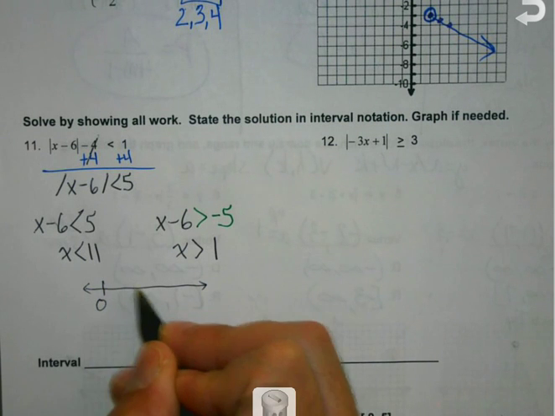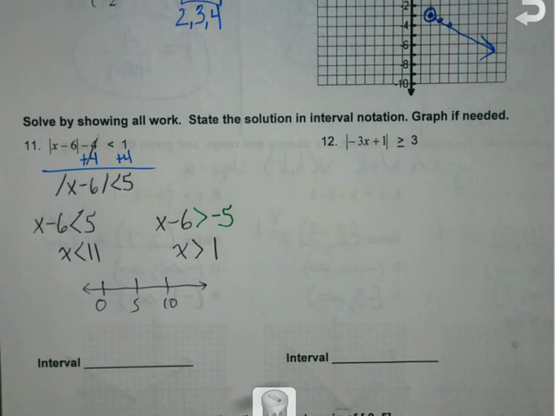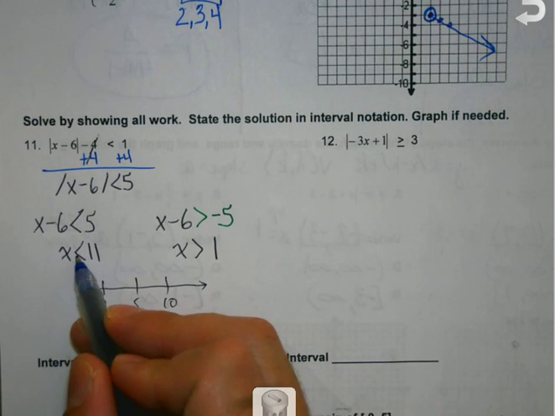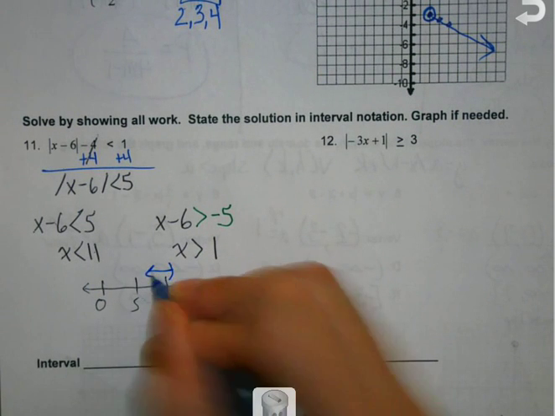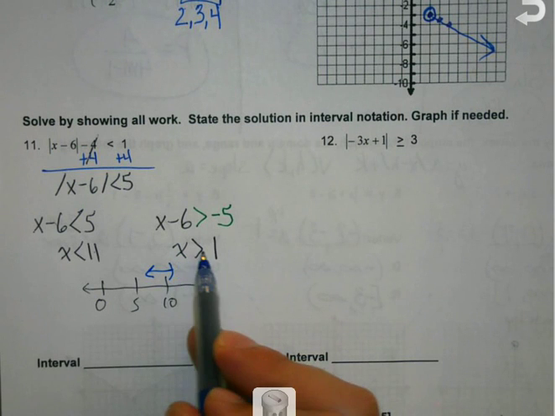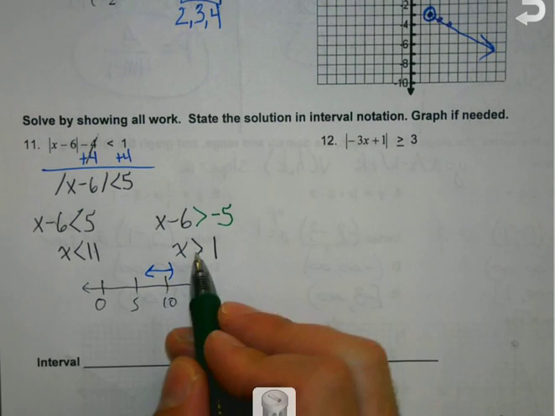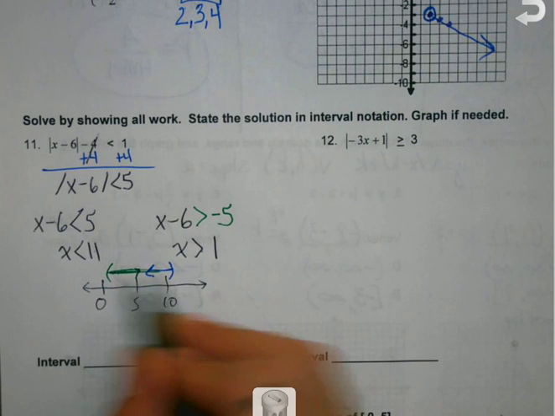So let's see here. Okay, I still have to have a little bit of an idea what's going on with some of these things. So I look and I'm like, okay, x is less than 11. Less than goes left. So that would go kind of like this. x is greater than 1. Greater than goes to the right. So they're going to come together in the middle here.